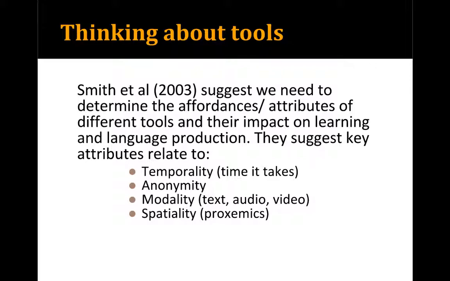We've got different types of text mixed together, text, audio, and video, and we've got the notion of spatiality: the closeness you are to people and the distance you are from people, and the impact that has on language teaching or language learning or language production, in fact.